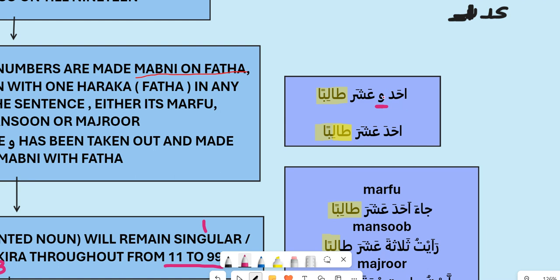But what happened? This wow has been deleted, and the moment it was removed from in between the number ahad and ashar, the ahada and ashara became mabni on fatha. As you can see over the dal, the fatha remains mabni.